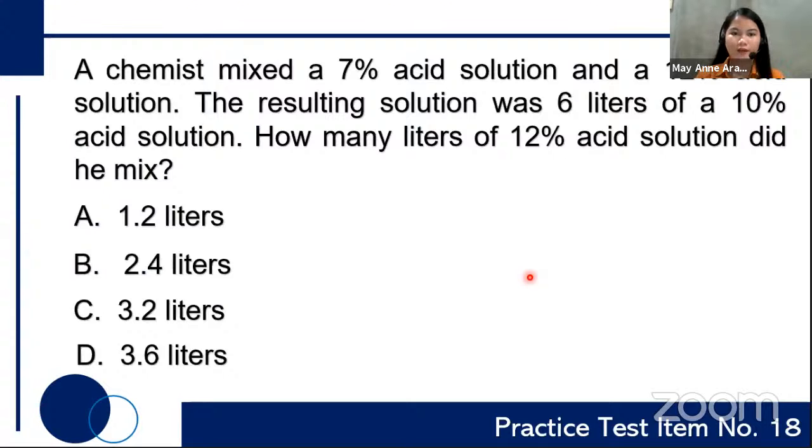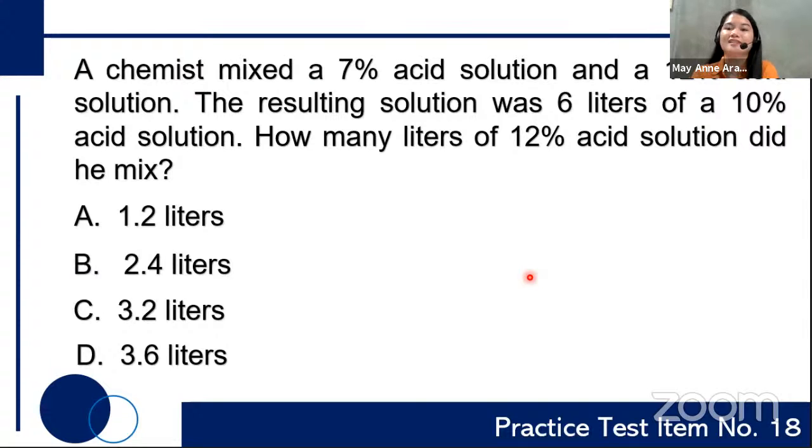So dito sa problem na to, given yung resulting solution na pinag-mix na 7% and the 12%. So how will you express yung amount nung 7% acid solution and 12% acid solution? So the one will be x.